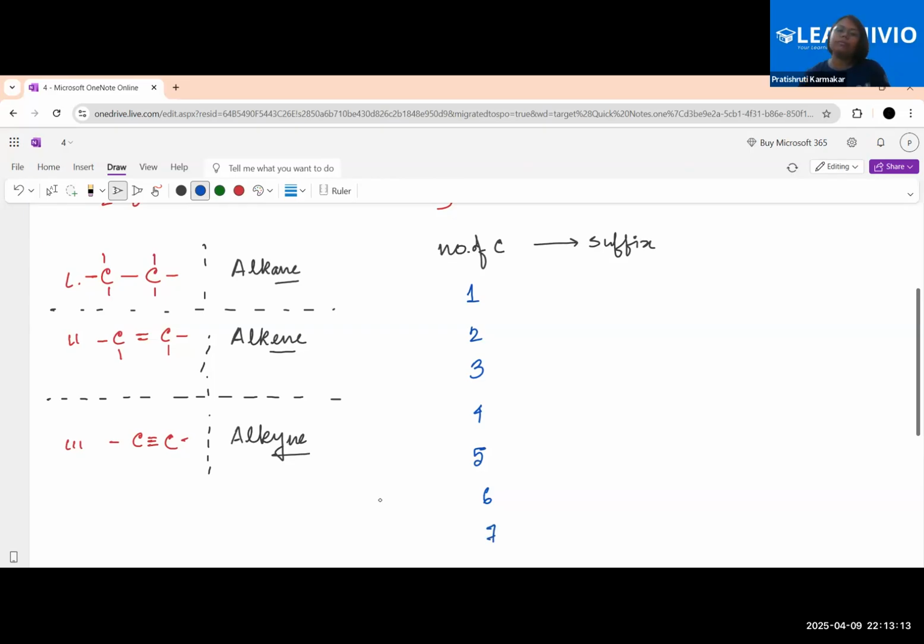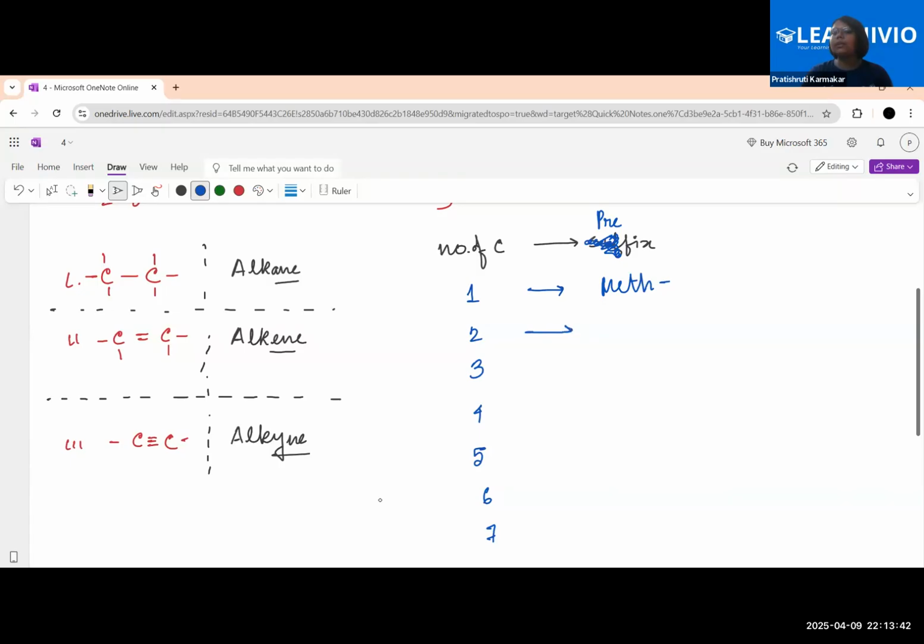If we have one carbon in our molecule, what is the prefix that we will add? It will be meth.